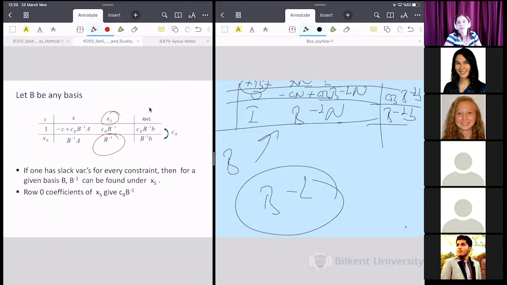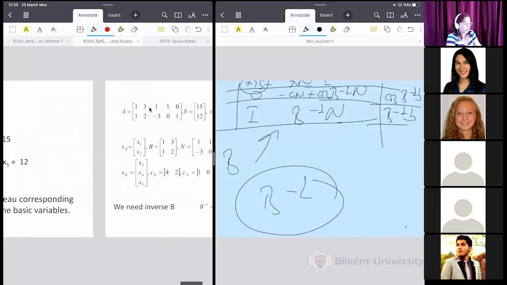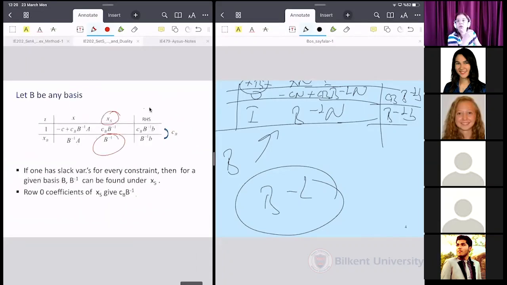This is really, really important, because you would require B inverse in duality, and this is just proving to you that B inverse is hidden under the columns of the starting basic feasible solution. Oh, nice. We have an example. Any questions before I go to the example? Be very careful. Learn, not memorize, learn how to derive this table, because that's the heart of the simplex method.